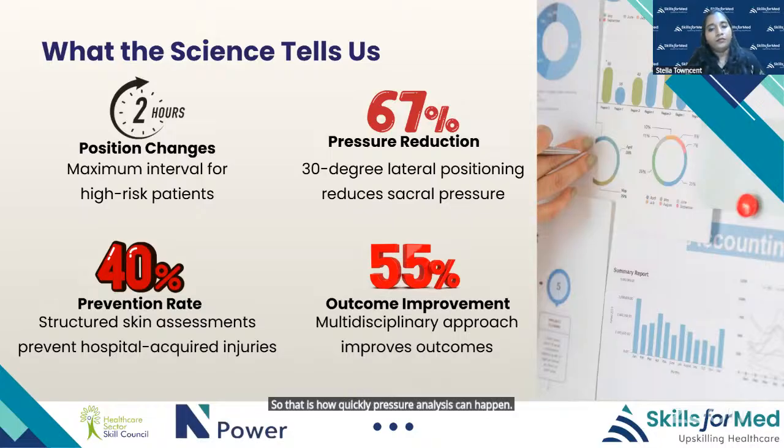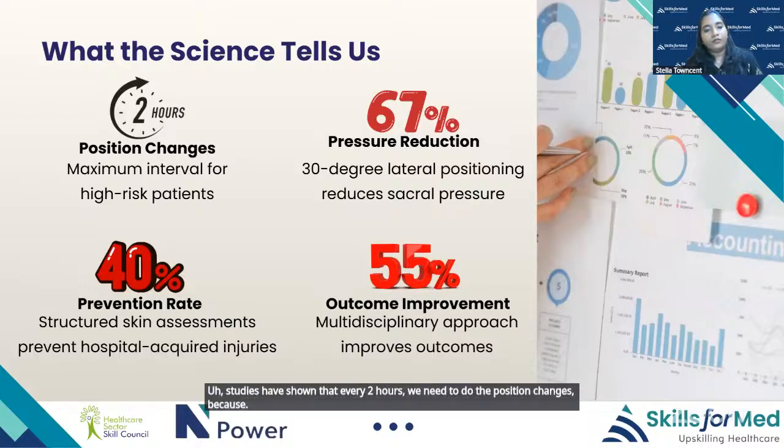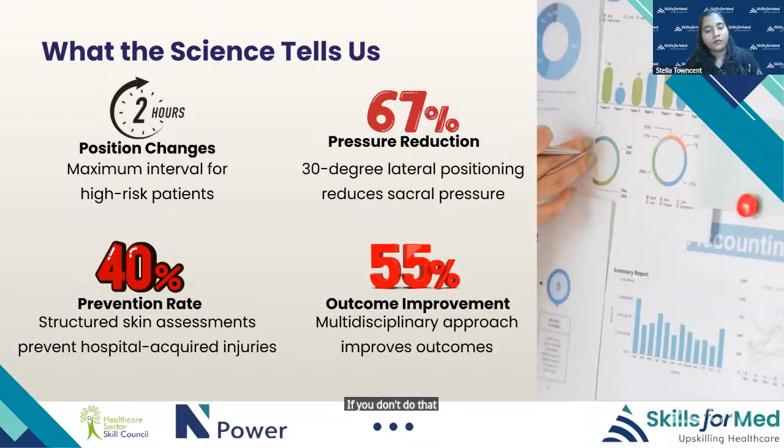But to be practical, studies have shown that every 2 hours we need to do the position changes, because if you don't do that, beyond that, the risk of getting pressure ulcer goes up exponentially. So that 2 hours is the ideal time you need to turn the patient. And if you do pressure reduction, turning is one of them. There are so many other mechanisms.